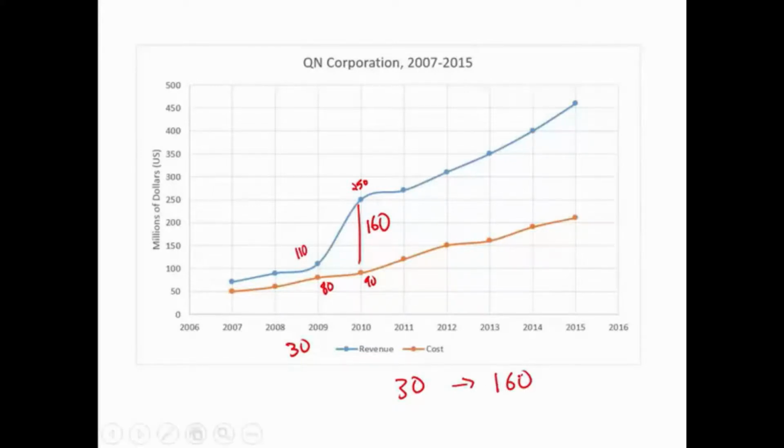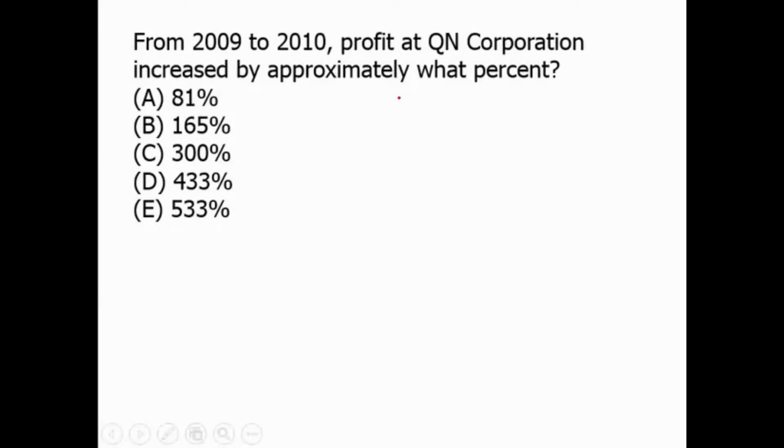How much of a percent increase is that? That's the question. Starting value 30 million, ending value 160 million. What is the percent increase? Well, this is interesting. This is a little more than 5 times $30 million, but that's not necessarily a 500% increase.